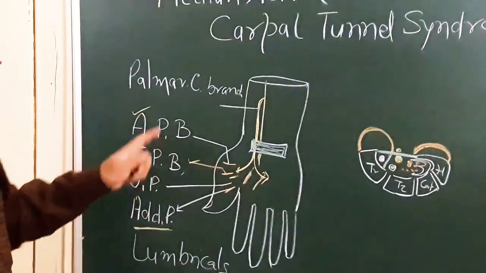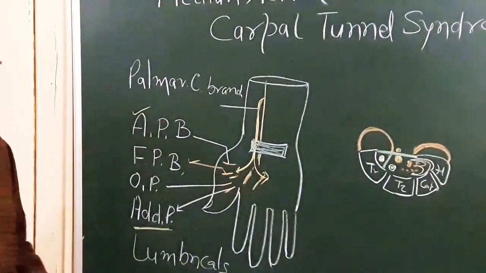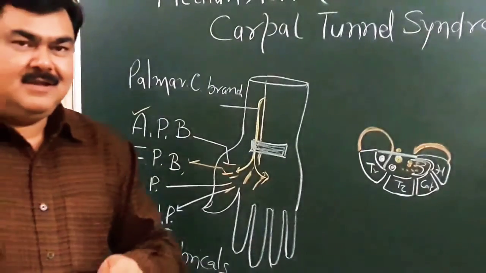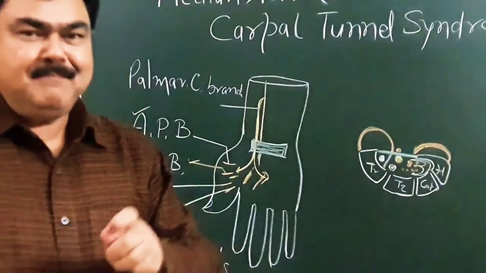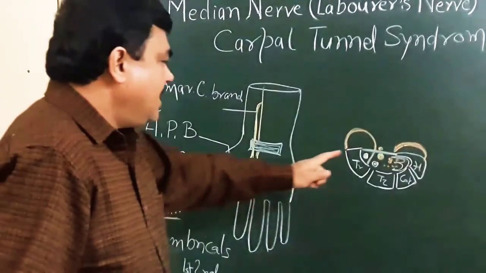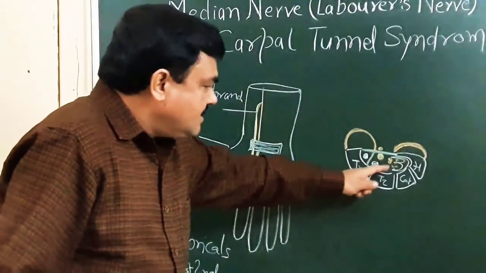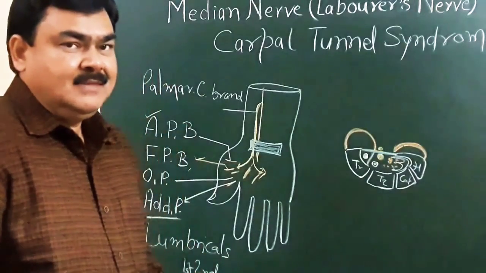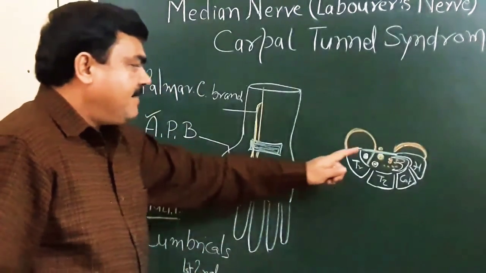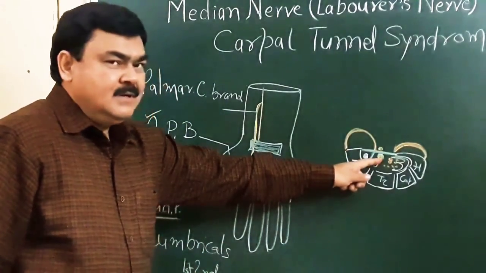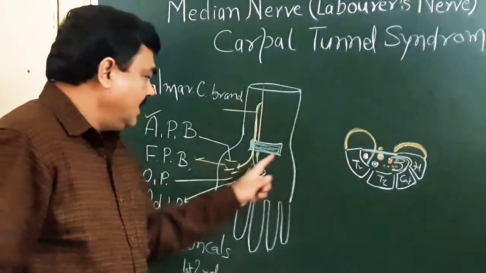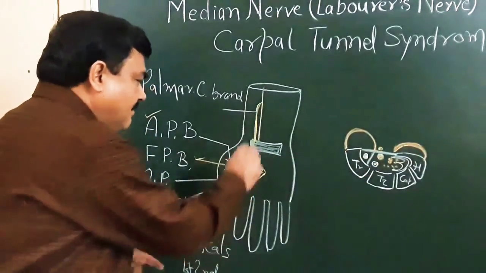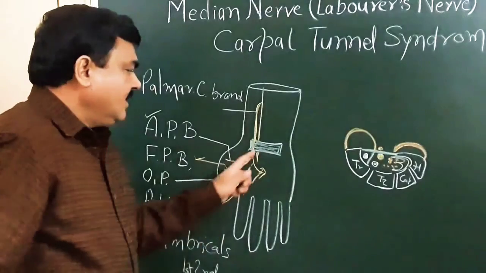So, in carpal tunnel syndrome, there is entrapment of the median nerve within this carpal tunnel, or compression of the median nerve while passing through this tunnel.